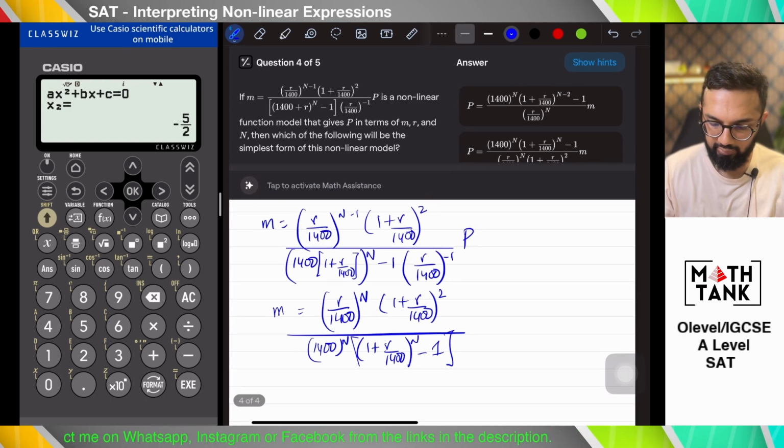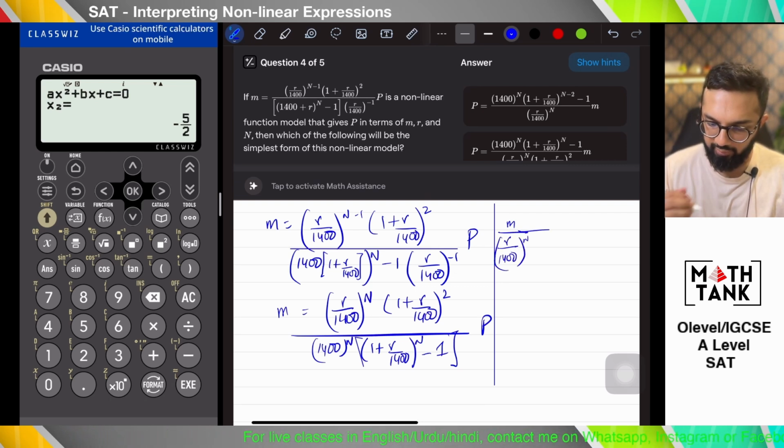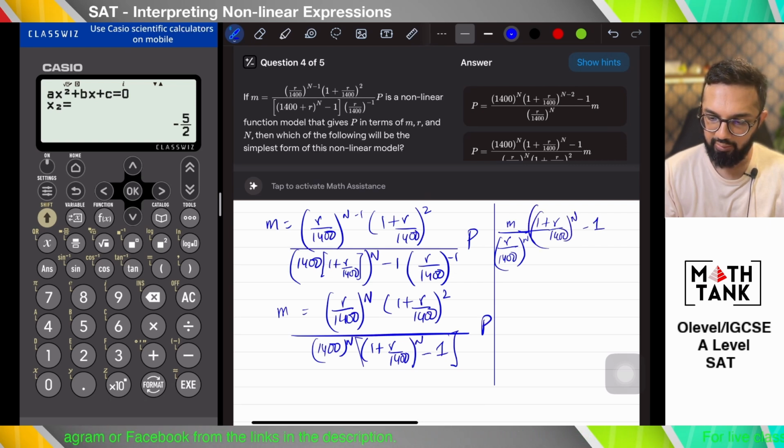Okay, let's try to do this in fact. So m over r power 1400 n. I see something that I could do with minus 1 over power 2.